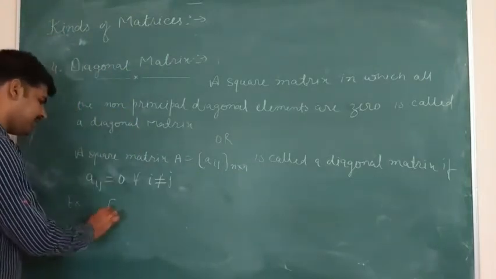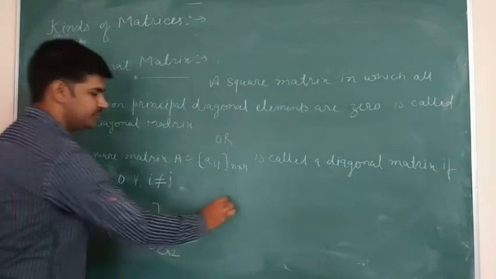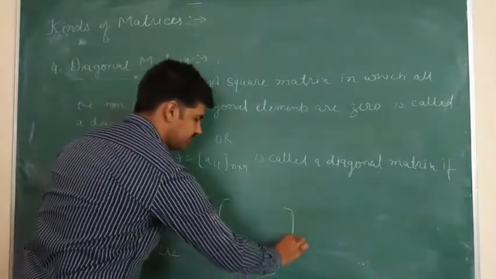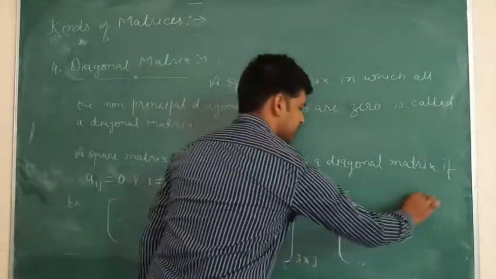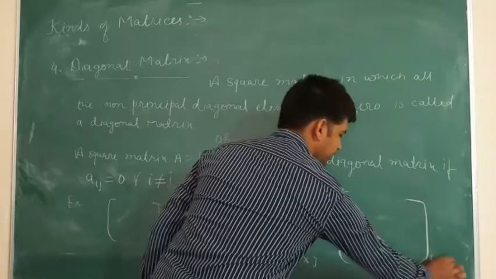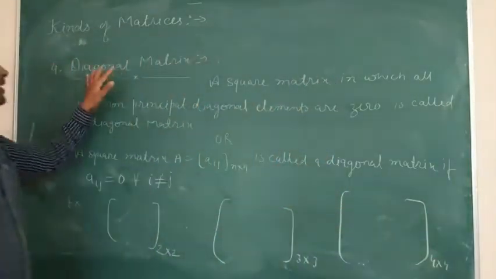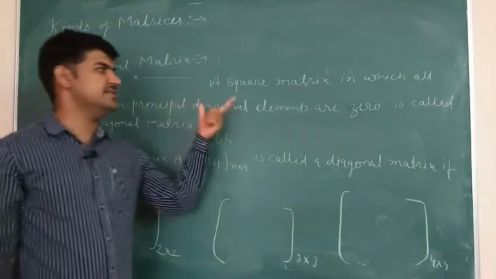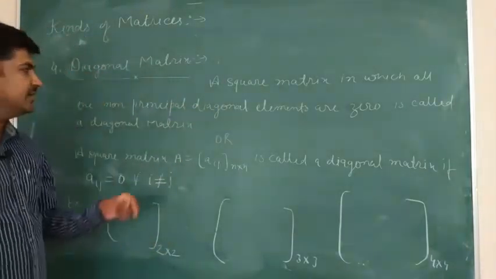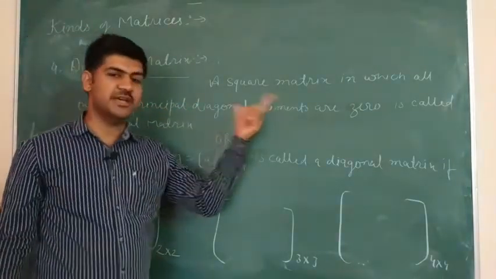Taking some square matrices, students, first of all I am taking a square matrix of order 2 by 2. Here I am taking a square matrix of order 3 by 3. Here I am taking a square matrix of order 4 by 4. How can these square matrices be diagonal matrices? These square matrices will be diagonal matrices if their non-principal diagonal elements are 0.